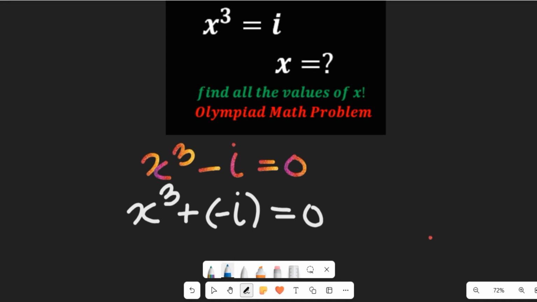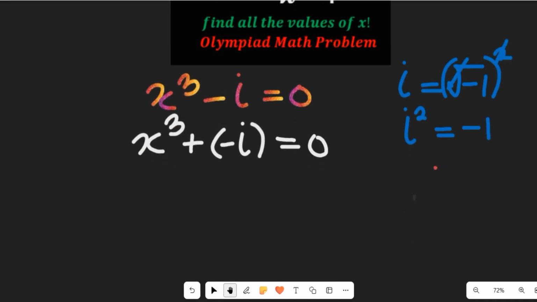Now I want you to recall the law of complex numbers. In complex numbers, i is equal to the square root of negative 1, right? So that means i squared is equal to negative 1, because if I square the square root, the square cancels the root, and I will be left with negative 1.